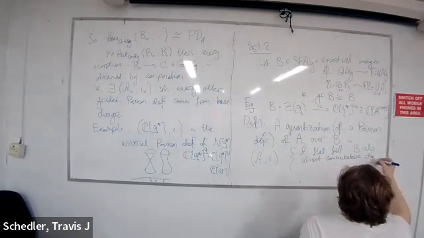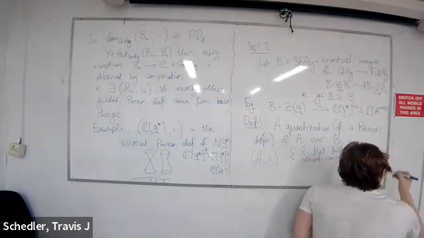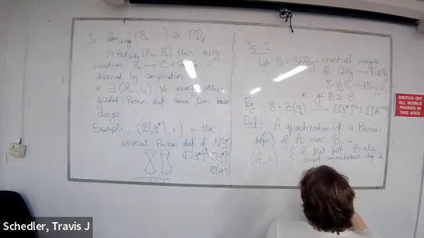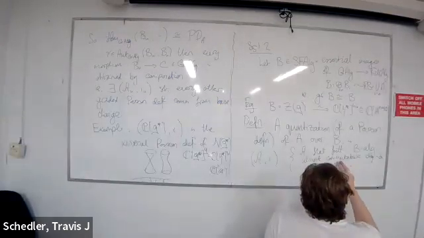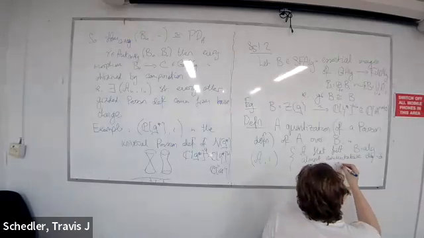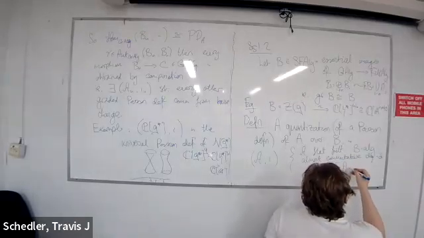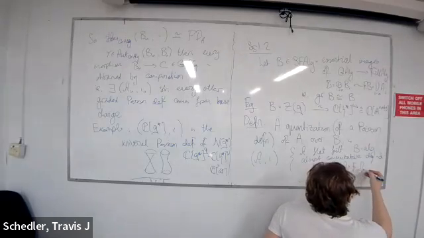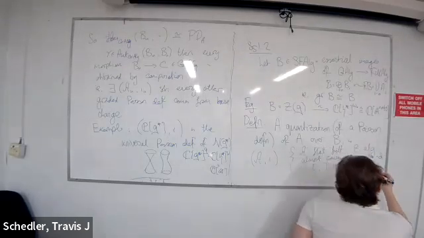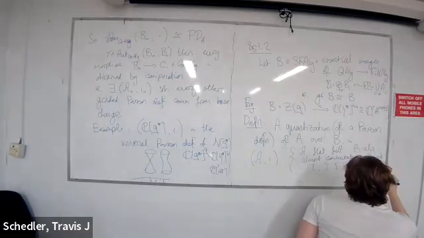Almost commutative means that if you consider commutators, then this takes things in filter degree i of A and filter degree j of A to things in filter degree i plus j minus d.